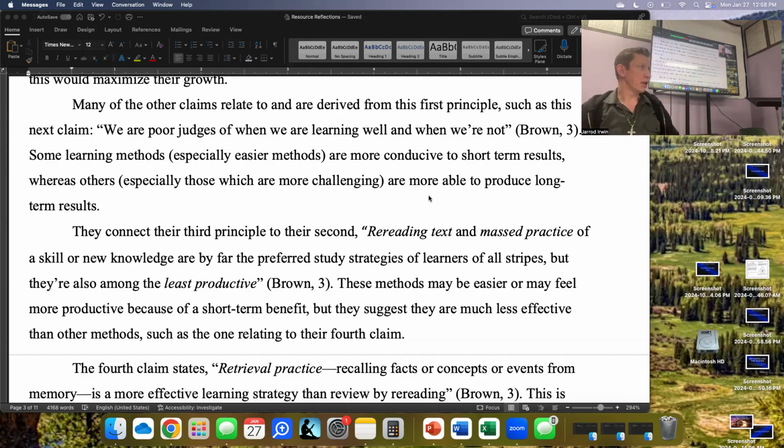So if I review and then try to recall right away, that's not going to be as helpful as if I try to recall after a day, or two days, or a week. That's forcing me, making it more challenging, and that's where I came up with the concept of extending it out.